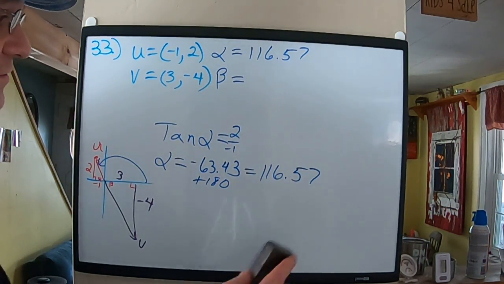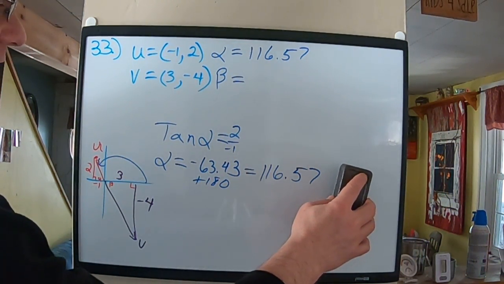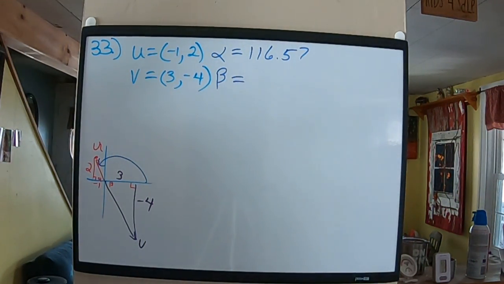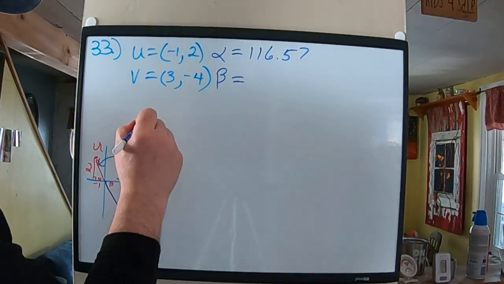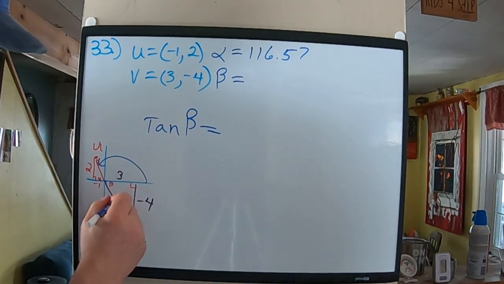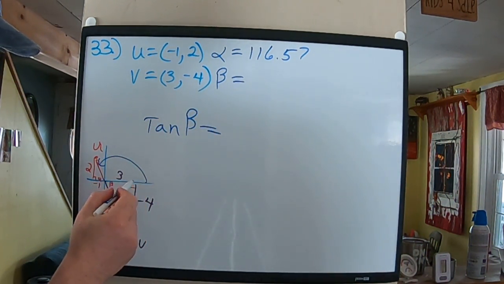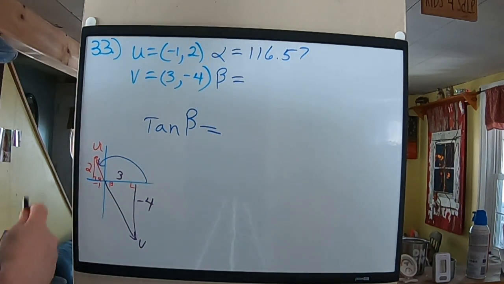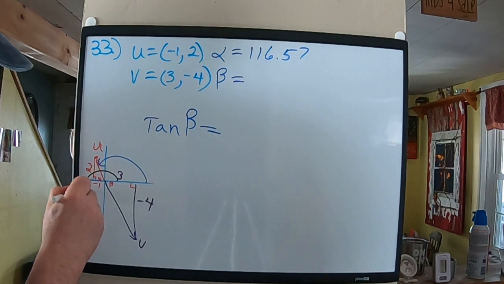the calculator works. All right, so the next one, let me just erase that, is to do the beta. And we know tangent of beta, this one down here. Remember, we want all the way around to here. We want this piece of information.